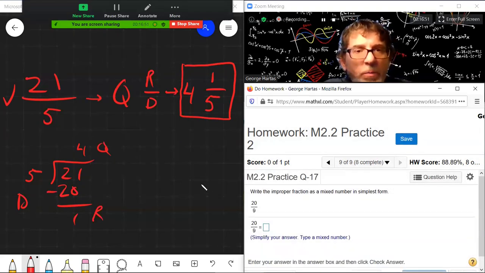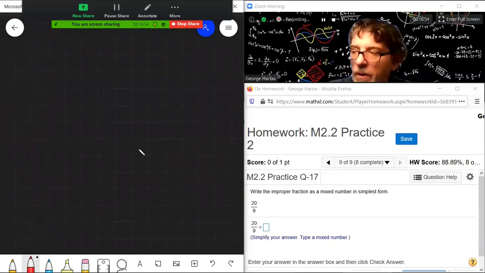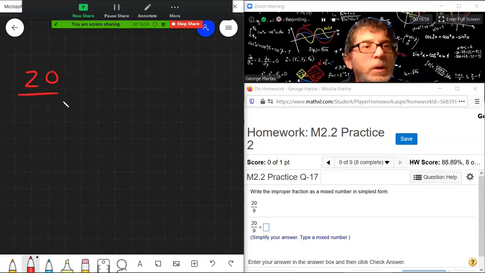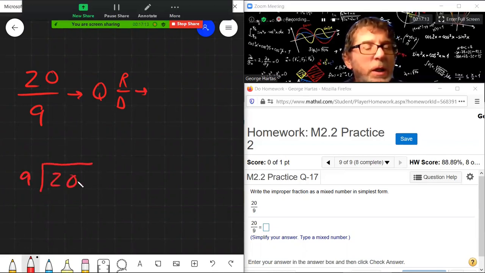All right, so one more. 20 over 9. Q, R, D. Let's find out what these are. 9 goes into 20 2 times because 2 times 9 is 18. Remainder is 2. If you can do subtraction like that in your head, don't bother with borrowing. 20 minus 18 is 2.